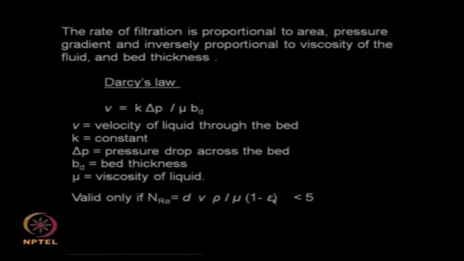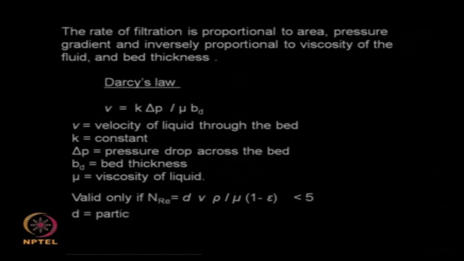Epsilon is the porosity of the bed. So this is how the Reynolds number is calculated, and it should be less than 5 for Darcy's law to be valid. But although the Reynolds number needs to be less than 5, we still use this equation as a first approximation to calculate the throughput of the filtration process.